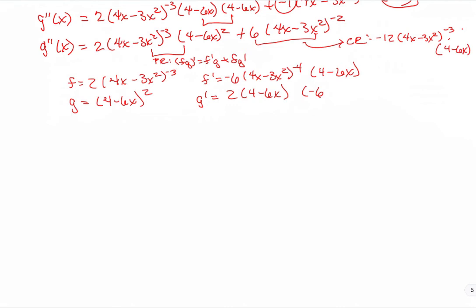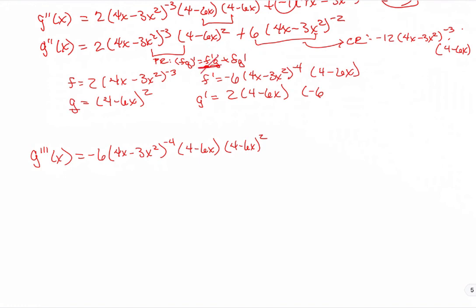So now let's put it all together. So we have g triple prime of x equals, the product rule first, minus 6 times (4x minus 3x squared) to the negative 4 times (4 minus 6x) times the (4 minus 6x) squared for the g. So those two are done.